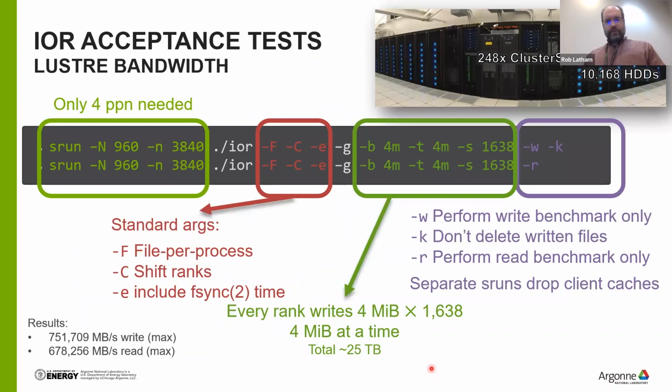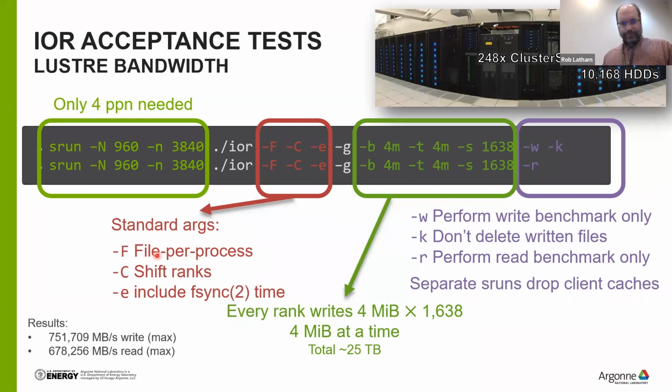So here's another example about how you might run. The vendor delivers a file system, and you as the customer want to make sure it's showing the numbers that the vendor said. So you may run a large number of nodes and clients, and do this with the -F flag. You're going to go file per process, and you're going to shift the ranks, and you're going to measure the time.